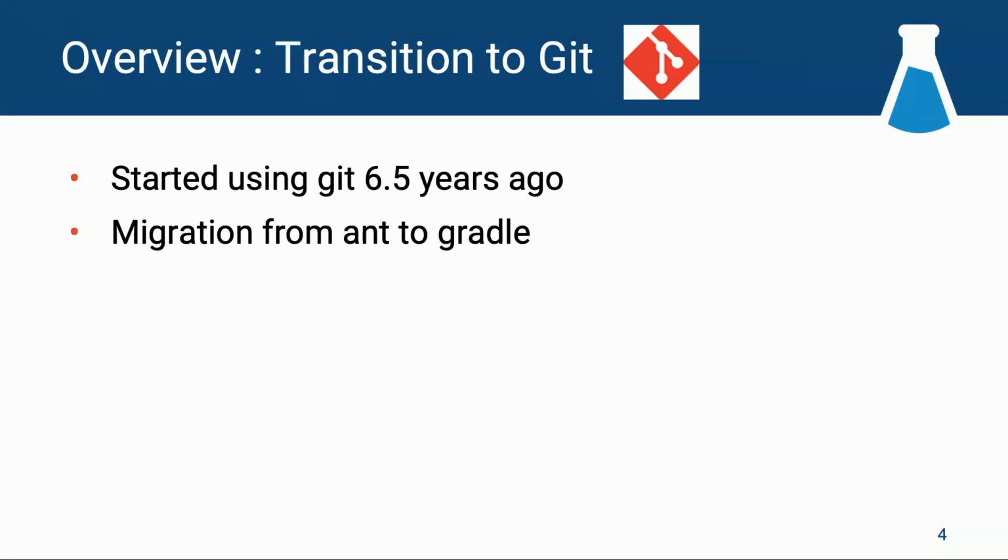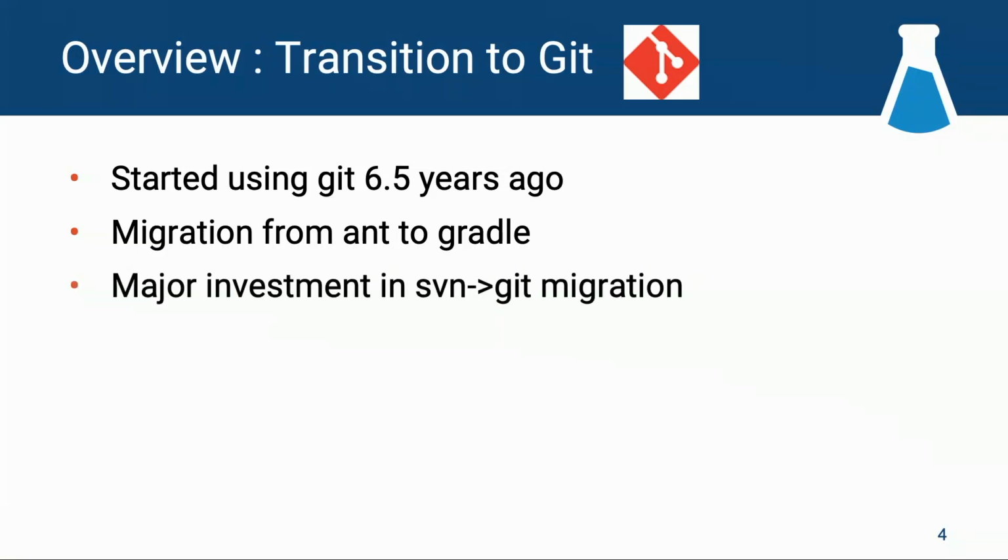This took a while because we had a lot of legacy code, a lot of legacy build scripts. We had to figure out what's the architecture for Gradle. So that took a while. We got past that, and that sort of unblocked us for moving forward to transition to Git.